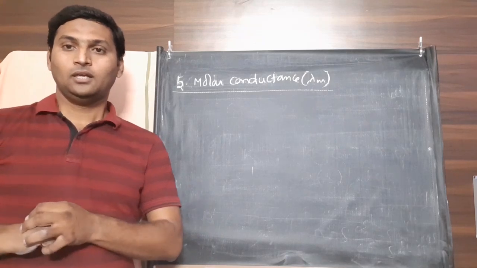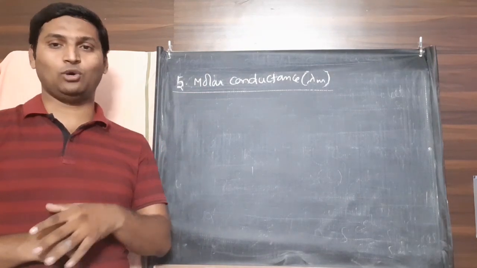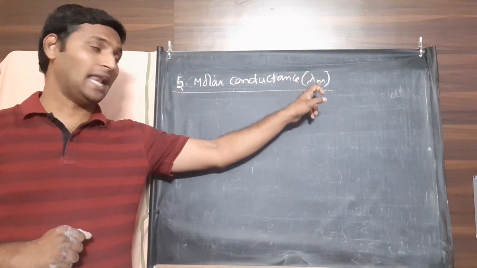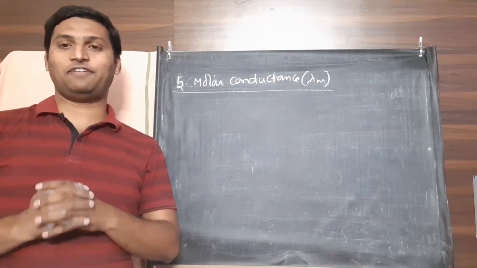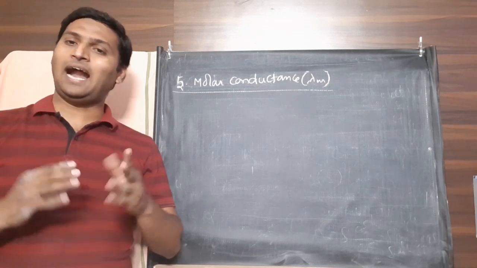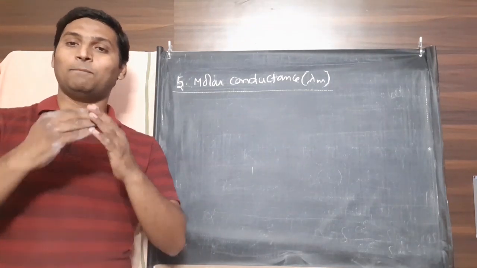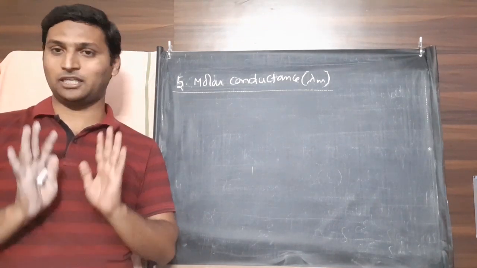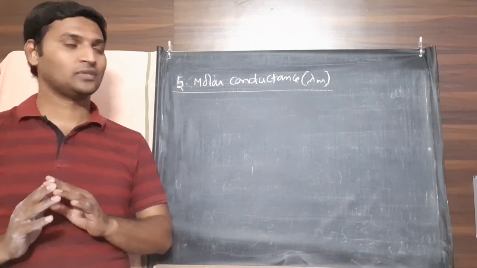One of the most important properties of electrolytic conductors is molar conductance, denoted by lambda m, lambda subscript m. How do you define molar conductance? All the mathematical expressions and the rest of the understanding of molar conductance come only from the definition. So we have to understand the definition of molar conductance clearly.